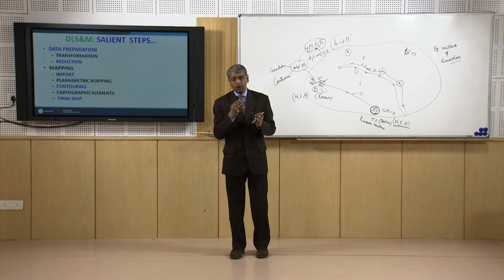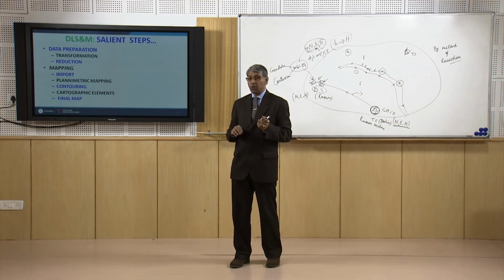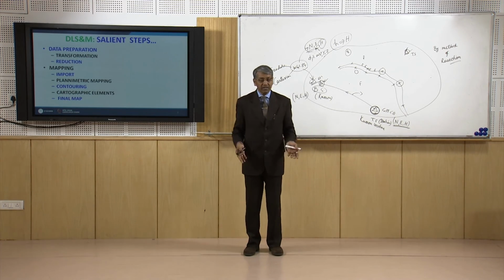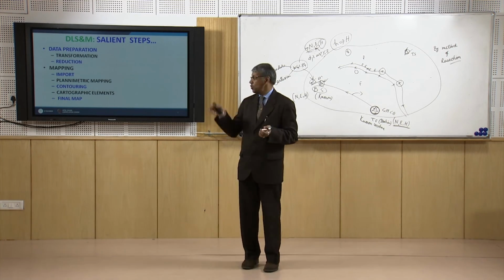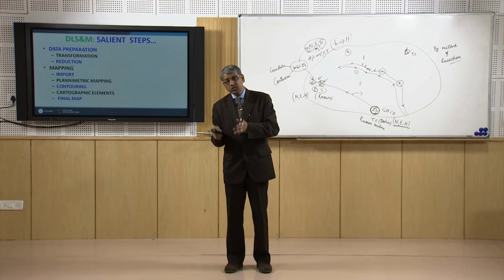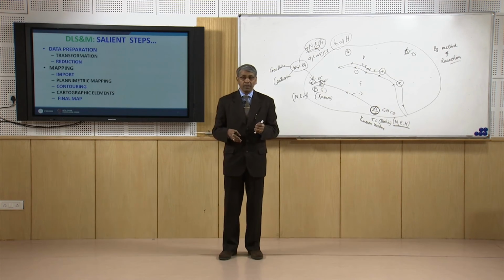When satisfied, then only we will say yes, our topographic map has been done. So these are in short the different steps which one has to adopt in sequence to develop a topographic map by digital land surveying and mapping. Thank you.